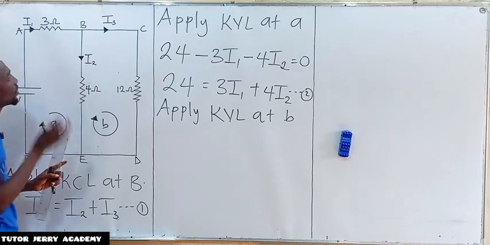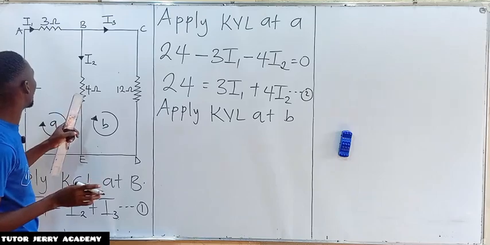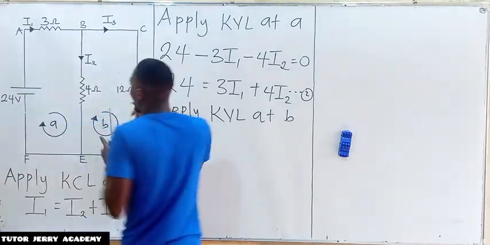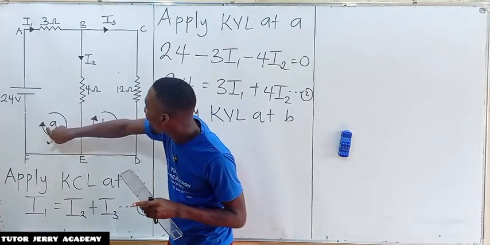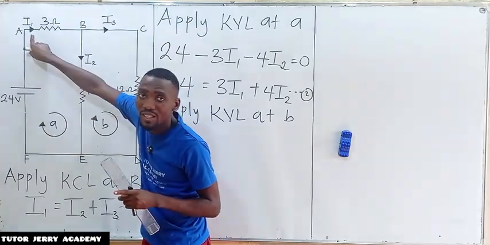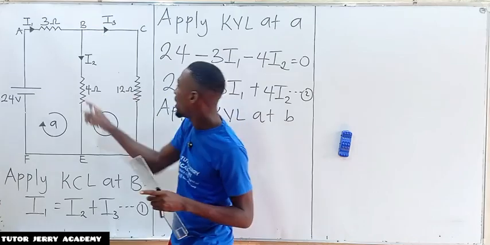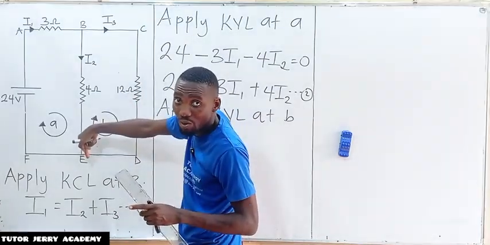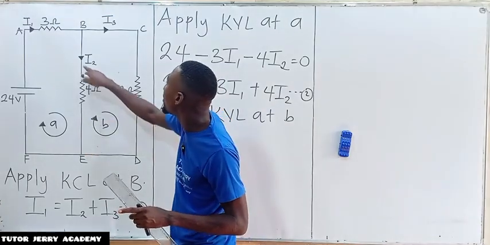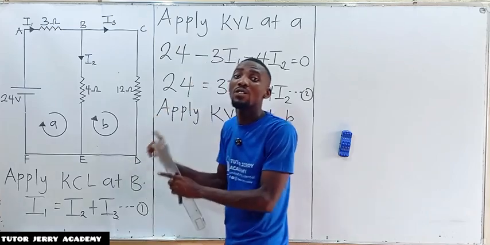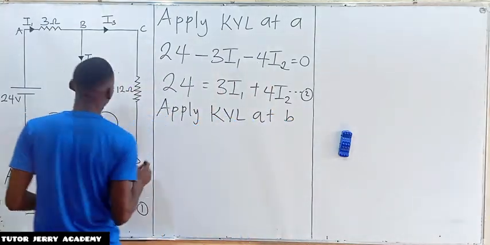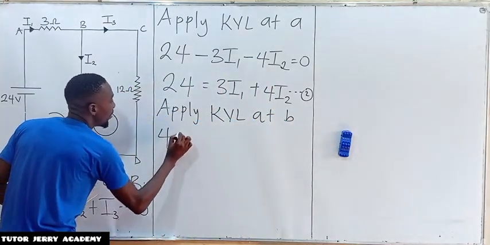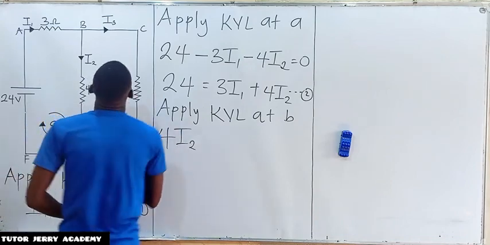So it's going to be positive. Don't forget that when our direction is going the same direction as the current, we take it to be negative. Now you can look, our current is going downward, so they are going against each other, so we are going to take it to be positive. So here we are going to have 4I2.